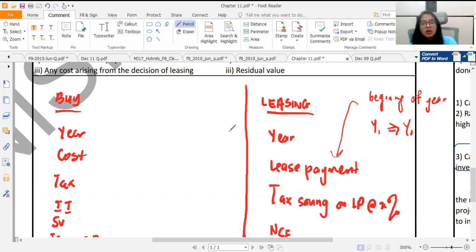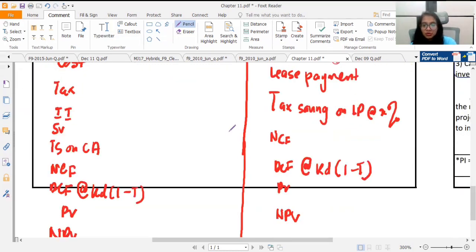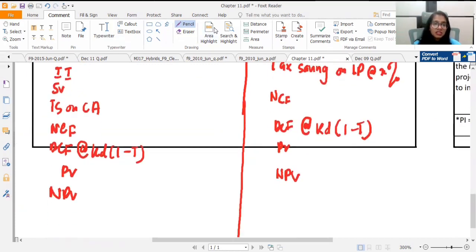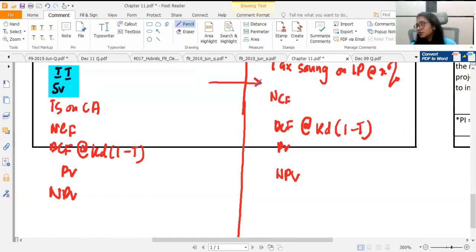Now, what I also need you to do is make a comparison. If you notice here, I have got initial investment and scrap value, but here, I do not have initial investment or scrap value. Can anyone tell me why?